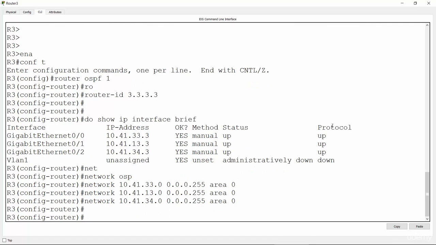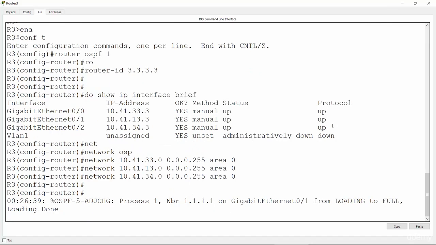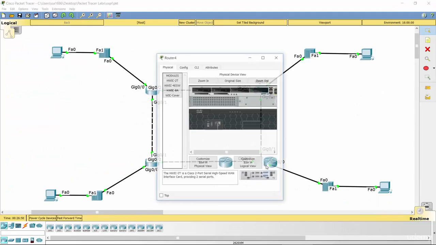I'm expecting to see another neighborship between router 1 and router 3 right now, and yes, as you can see, router 3 has a neighbor which is router 1. And now let's go to router 4.